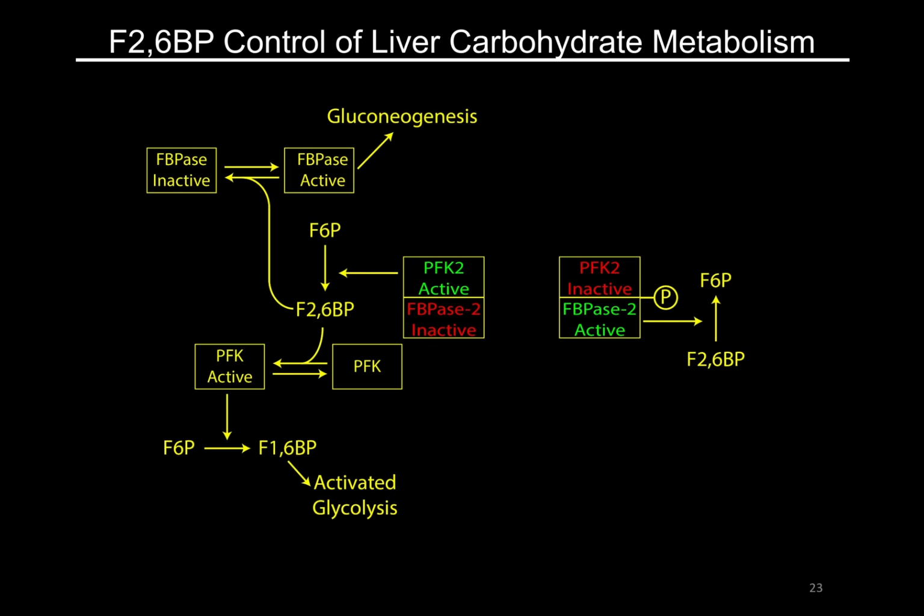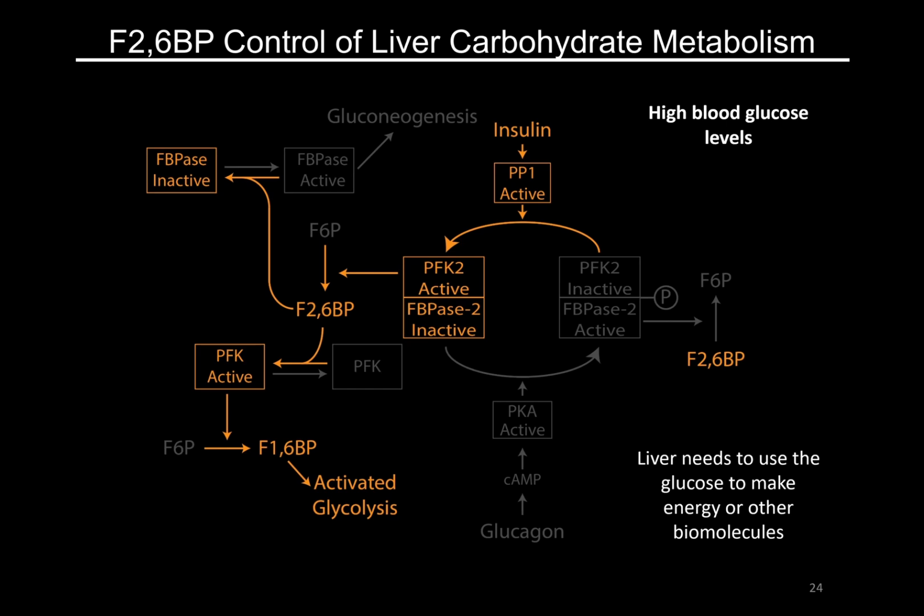Try to show it in a couple more ways here. So here, I've highlighted only what's going on when blood glucose levels are high. Insulin's being secreted. Remember, insulin secretion means phosphatase activity. Phosphatase activity removes the phosphate from our central enzyme, activating the PFK2 domain.